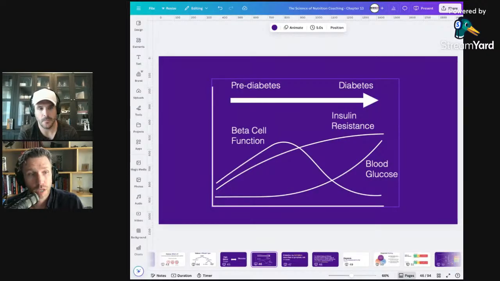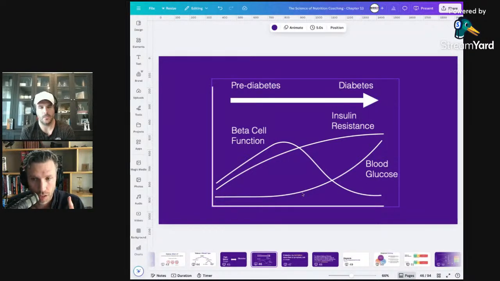And then the actual production of it starts to go down. And I'll talk about this in a little bit. And so now you can't overcome the insulin resistance. So you start to see blood sugar increase. All right. So the picture I painted of it starts in the cell and your body tries to compensate. We know that from molecular biology data, and we also see that same process manifest in clinical data.